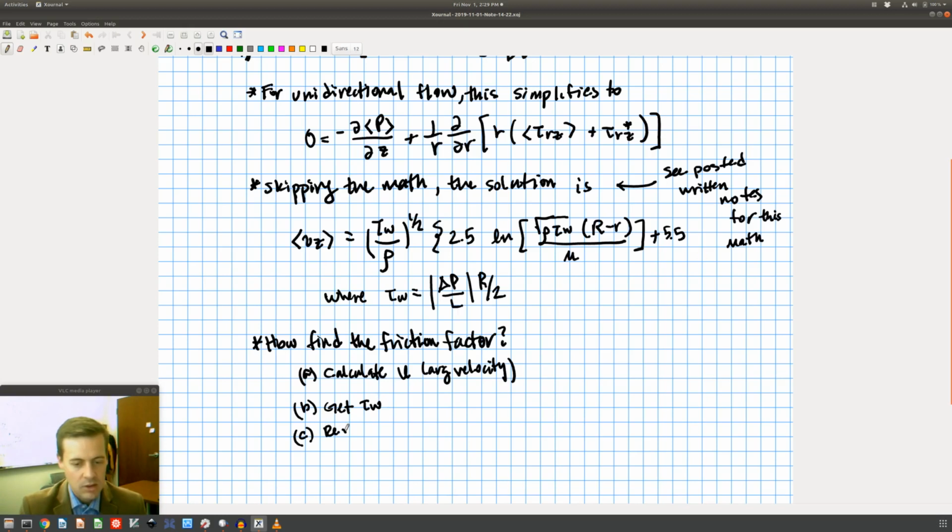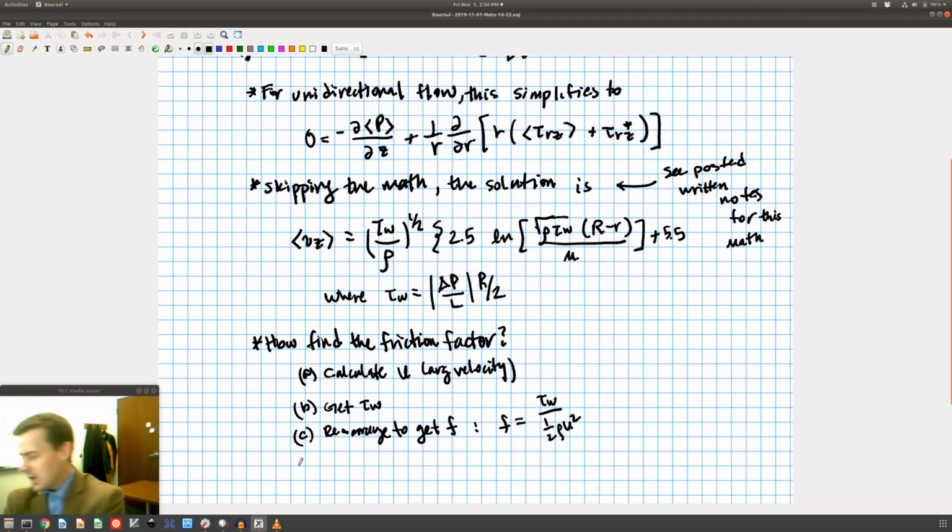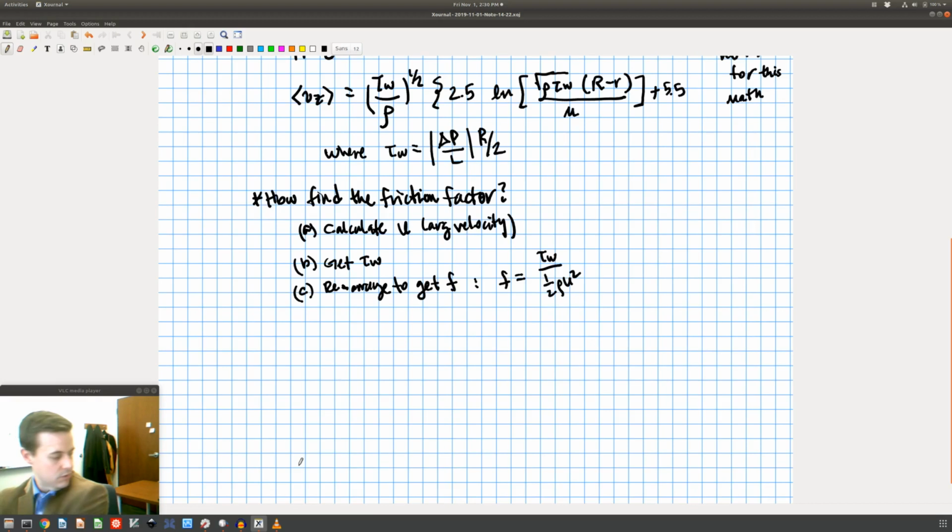Then we rearrange to get f using our relationship that we know for f, which is f is tau w over 1/2 rho u squared. These three steps are what I said earlier for getting the friction factor. But in this case, because tau w already exists in the velocity profile, it's going to be a little different than the case that we did earlier with the laminar flow. So let's do these steps.